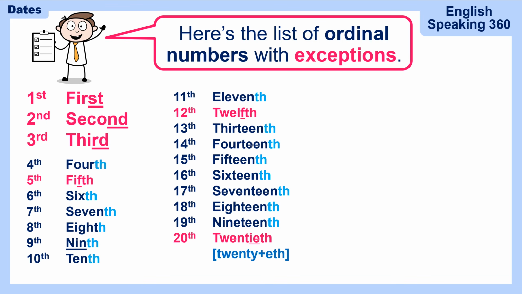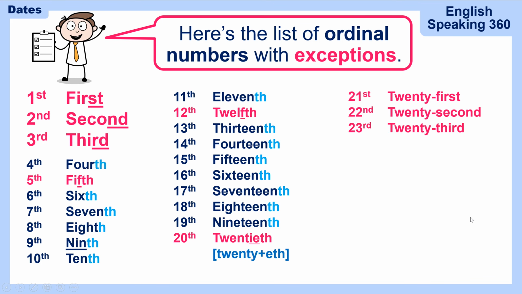What comes next? Watch out here because it's one more exception. 20 plus 1, but it's not twenty-oneth. It's 21st. How about this one? 22nd, 23rd, 24th, 25th.